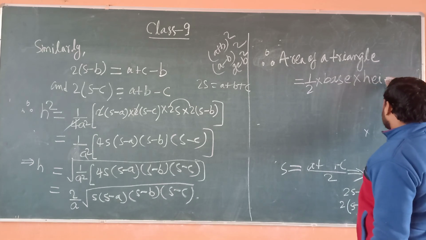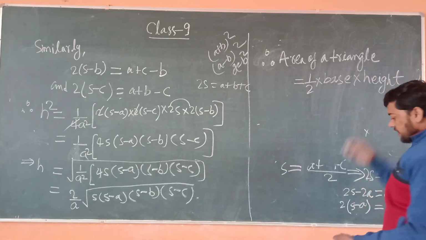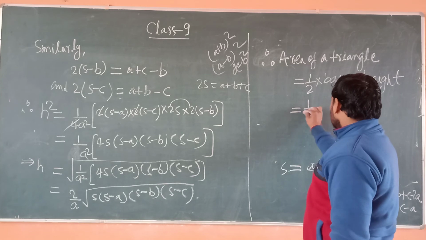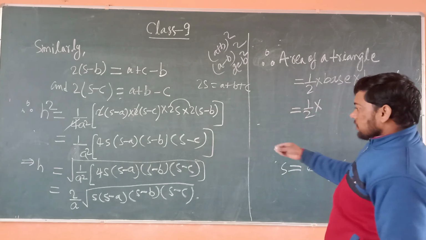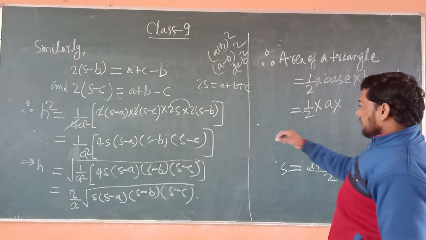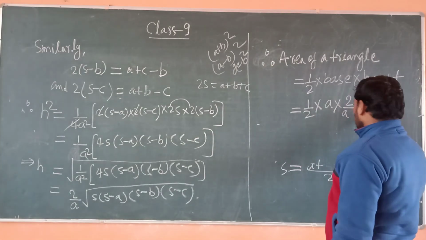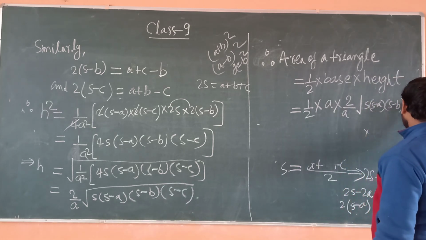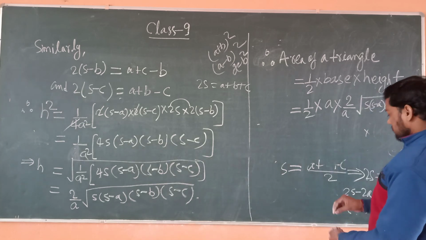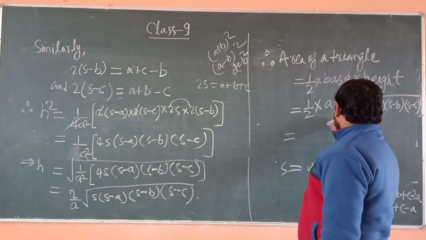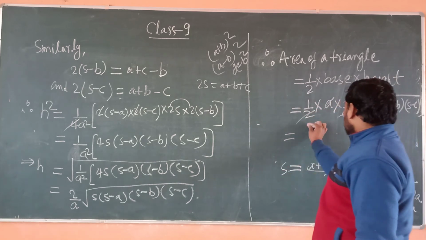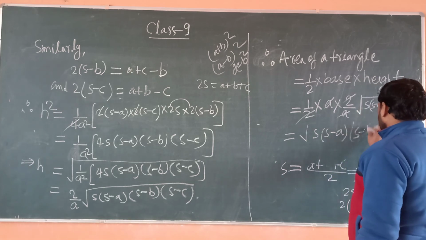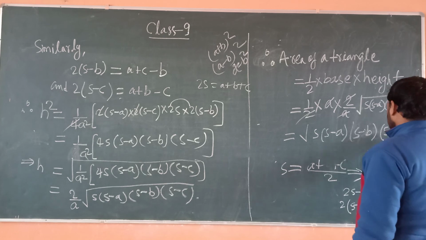This is a standard formula, if base and height are given. 1 upon 2 into base a into height 2 upon a under root s into s minus a into s minus b into s minus c. A by a will be cancelled, 2 by 2 will be cancelled, leaving under root s into s minus a into s minus b into s minus c.